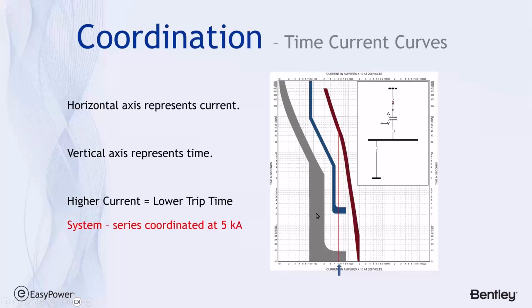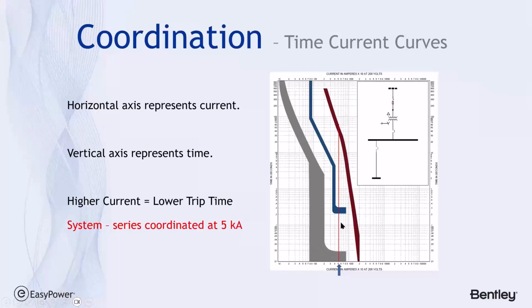The reason there's a thickness to the plot is that the manufacturer has a certain variation in yield, and what they're telling us is if we have a fault at this level, the breaker may trip anytime during this gray band, but they guarantee the breaker to trip at the upper right hand edge. So if we apply 5,000 amps to this breaker, we can see the manufacturer tells us it's going to trip in 20 milliseconds.